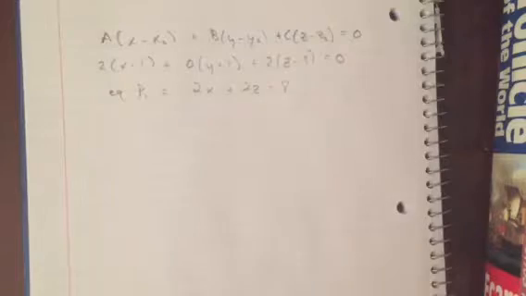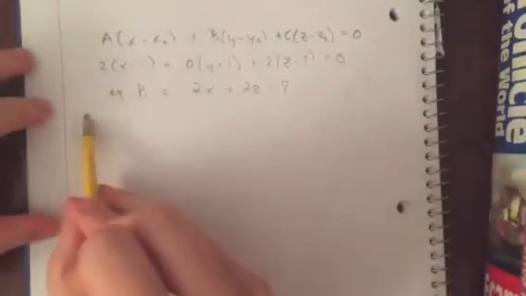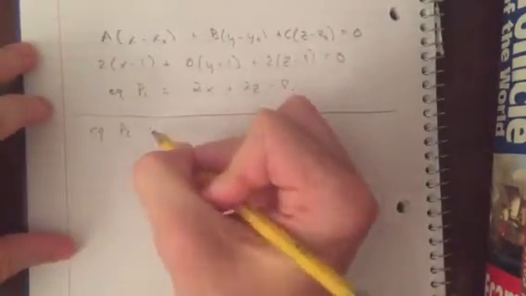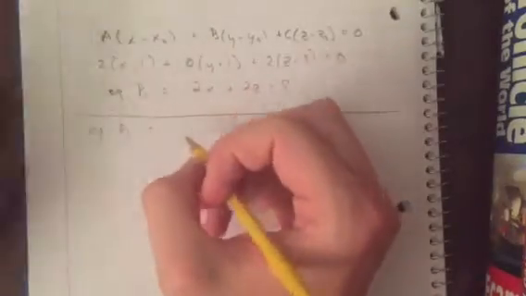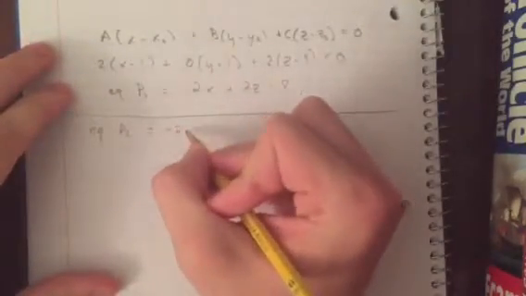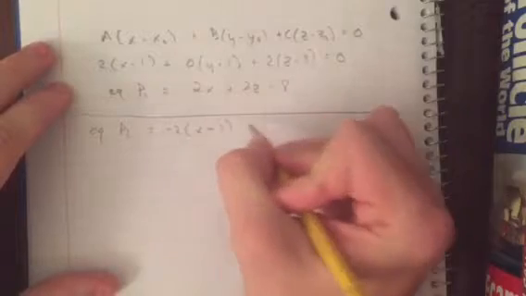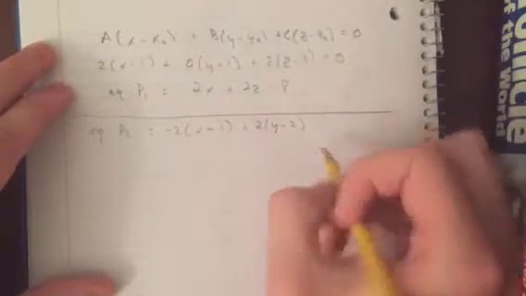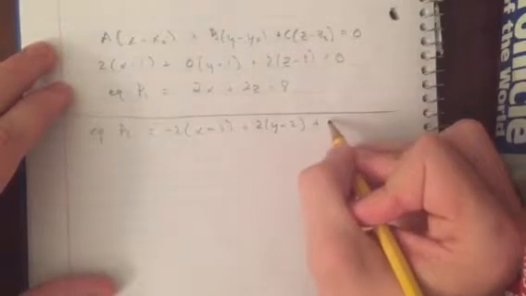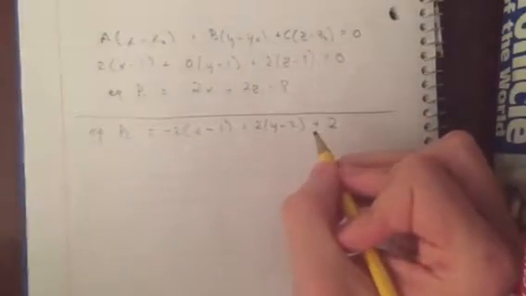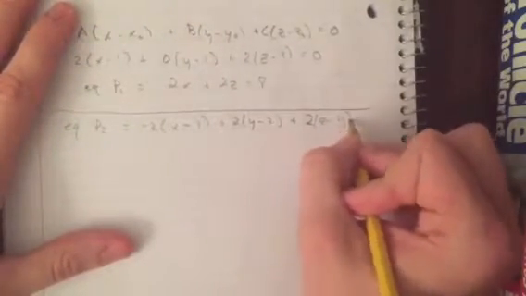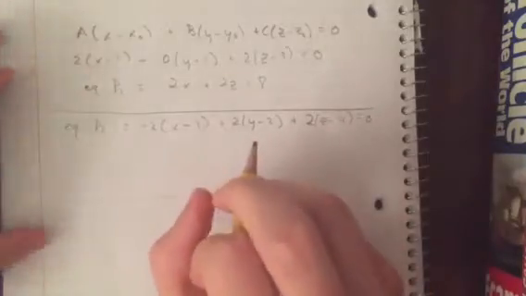So now we need to find the equation for plane 2. And once again, we're going to use the general equation. So for plane 2, the equation equals negative 2(x minus 1) plus 2(y minus 2) plus 2(z minus 4) equals 0.